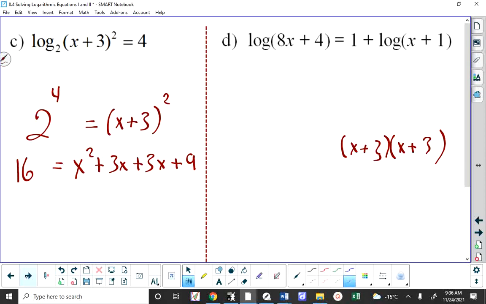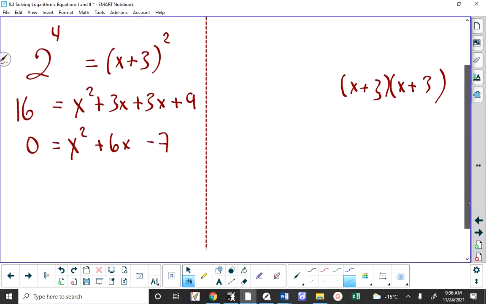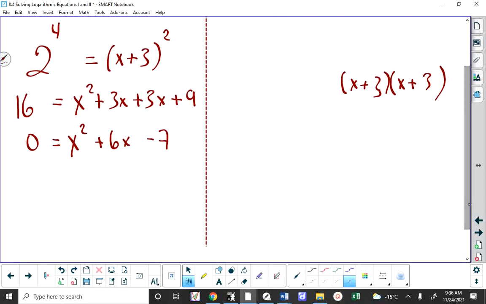We see that it's quadratic, which means I'm going to zero the equation and get x squared plus 6x minus 7. Help me out here. Okay. Don't forget your equals 0. This is factorable.